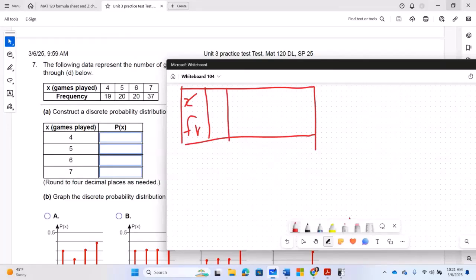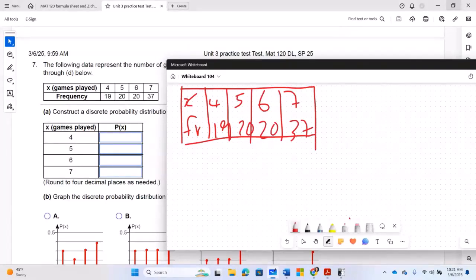So I have 4 as the first one, 5, 6, 7. The frequency of playing the games is 19, 20, 20, 37.